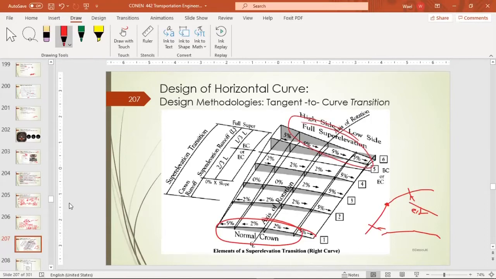So this is done gradually, and there is a super elevation transition. The super elevation transition starts from the point of curvature or the beginning of the curve. So it's 2/3 before the curve and 1/3 into the curve itself. Okay?